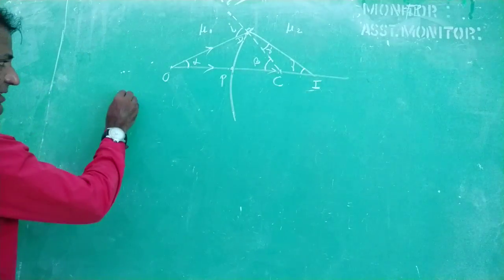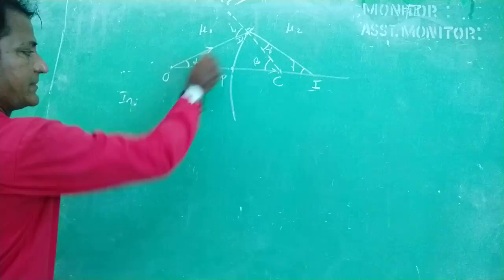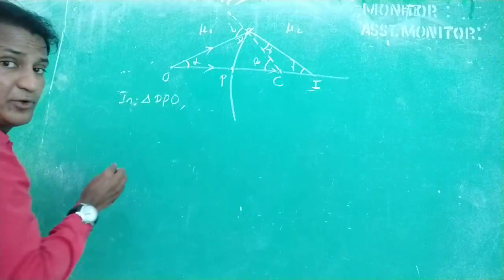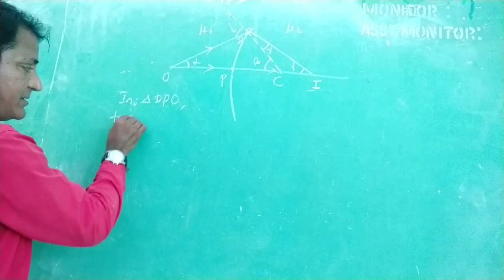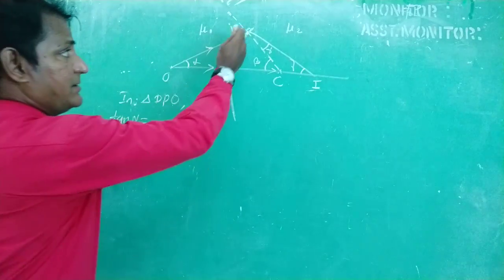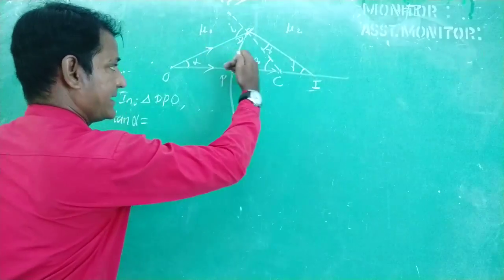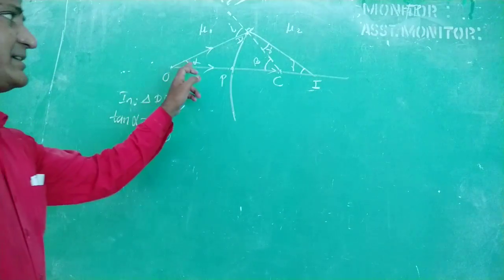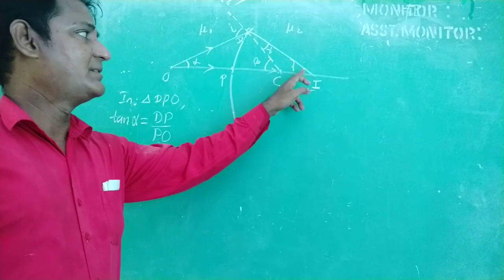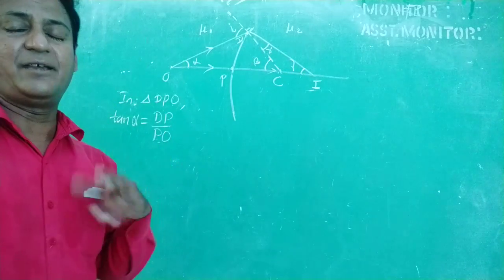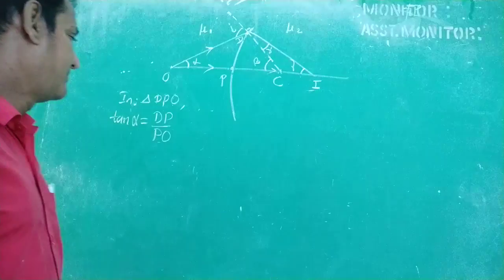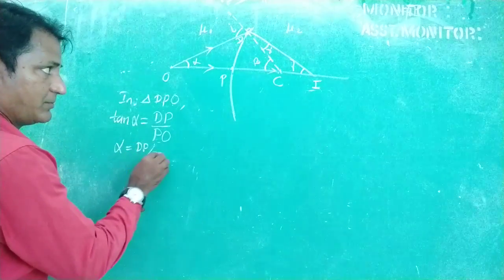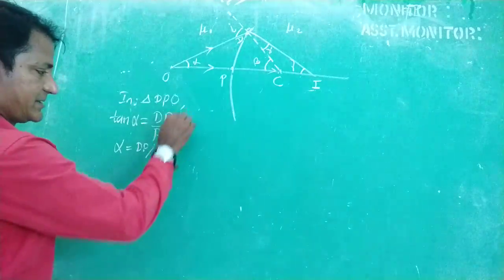Now, in triangle DPO, I am going to take tan alpha. Tan alpha is opposite by adjacent, that is DP by PO. Since all the angles here, alpha, beta, gamma, i, r, are small angles, tan alpha becomes alpha equal to DP by PO.